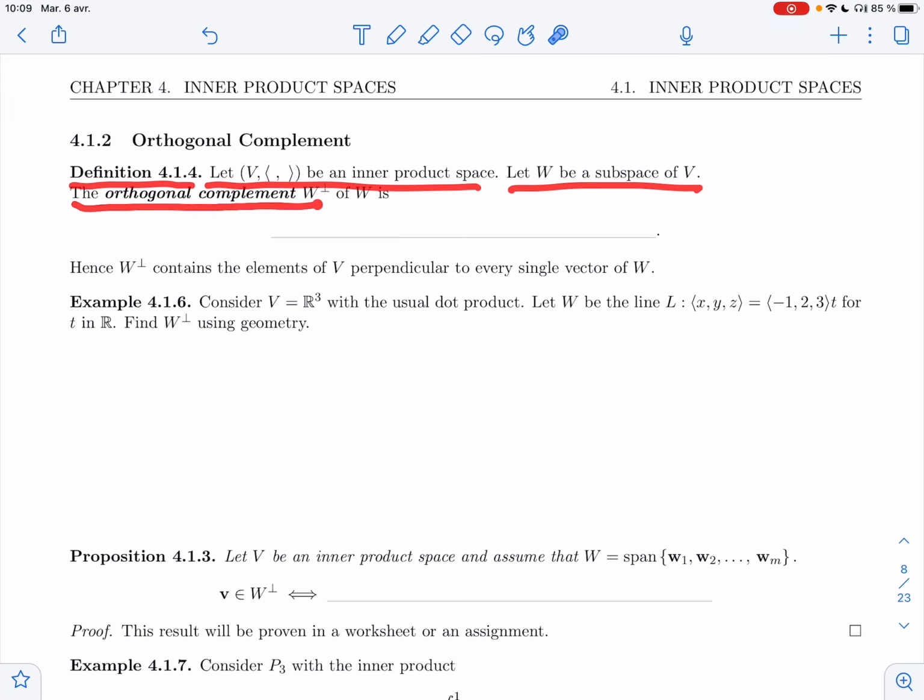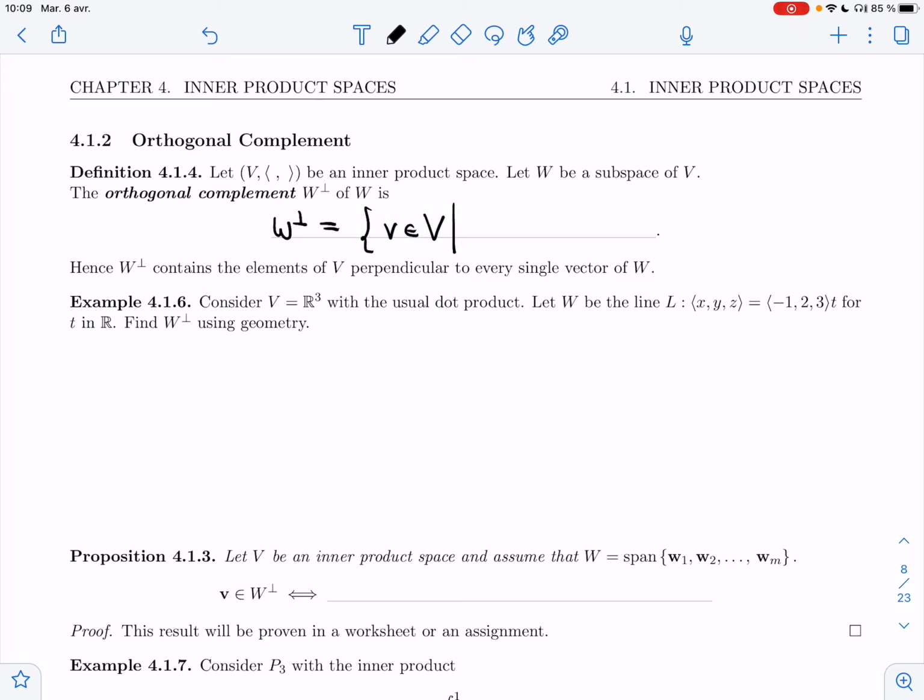The orthogonal complement W perp of W is going to be the set of all elements in V that are perpendicular to everything in W. So for all w in W, v·w gives you 0.